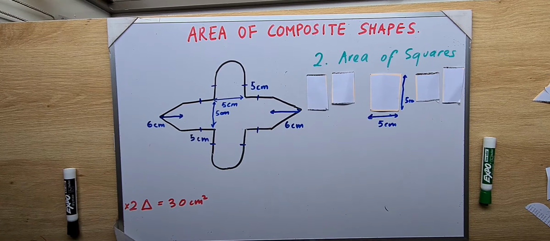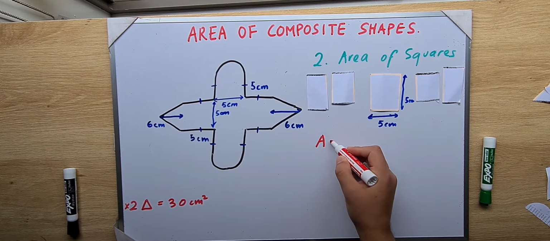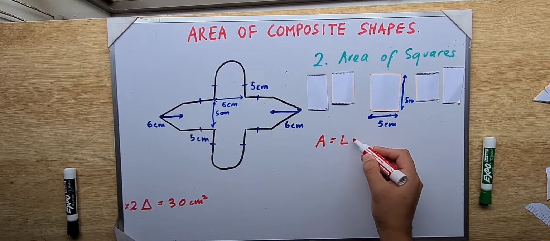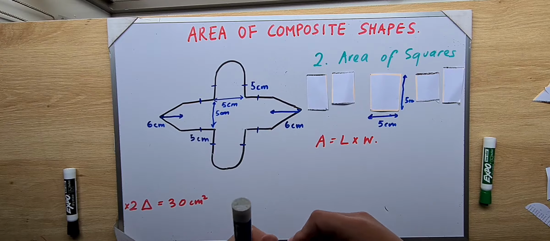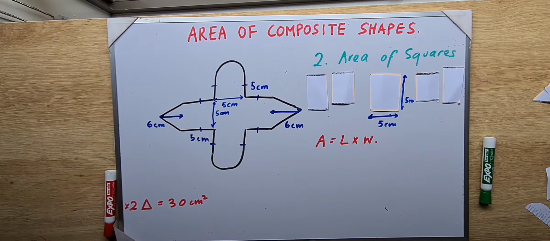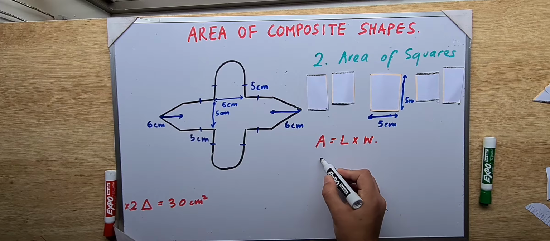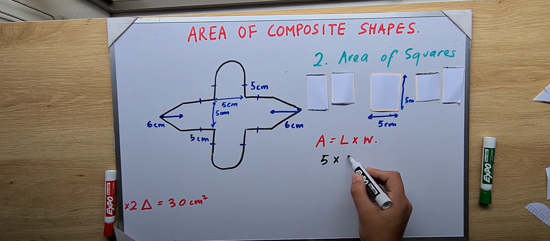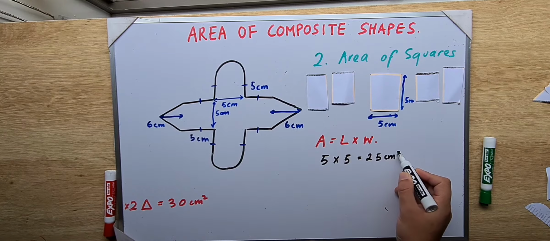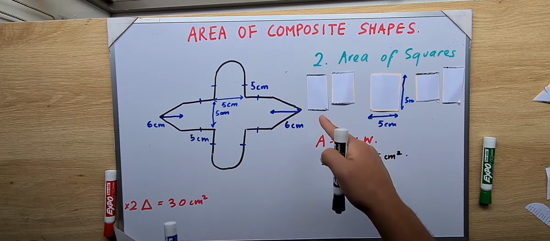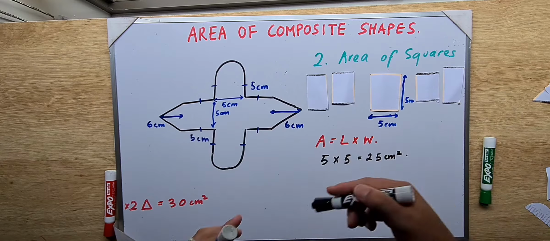Our formula for squares is just length times width, and since they're both the same, it's just 5 times 5. So 5 centimeters times 5 centimeters, and that will give me 25 centimeters squared. How many squares do I have in total? 1, 2, 3, 4, 5.